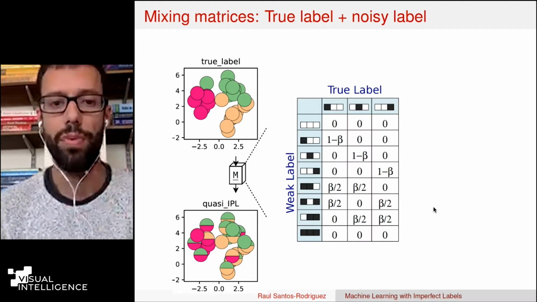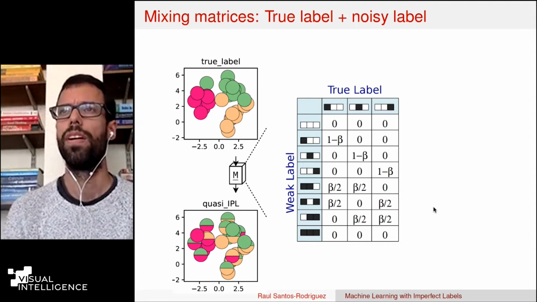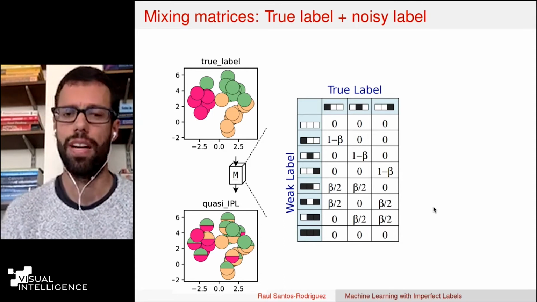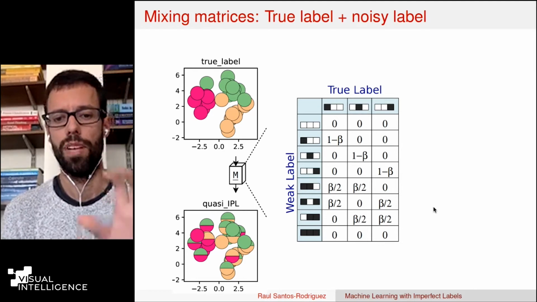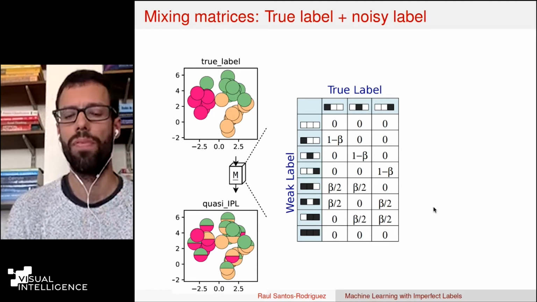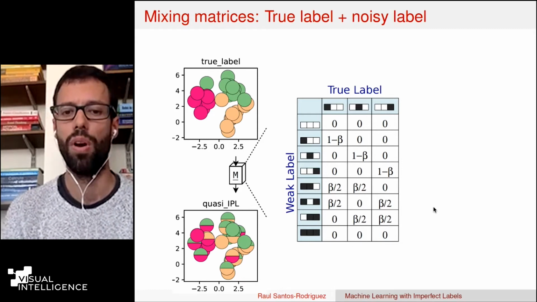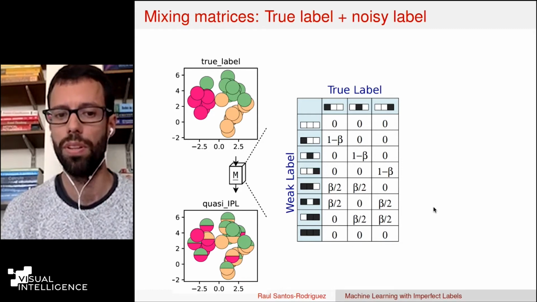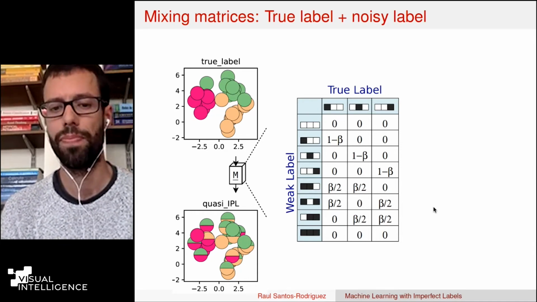Now, the final case that I wanted to illustrate, because it's a very common one, is a situation where what you get as Z is a pair of classes, and you know that one of them is true, but the other one is not. So your weak label always contains a true label, but it also contains something else.